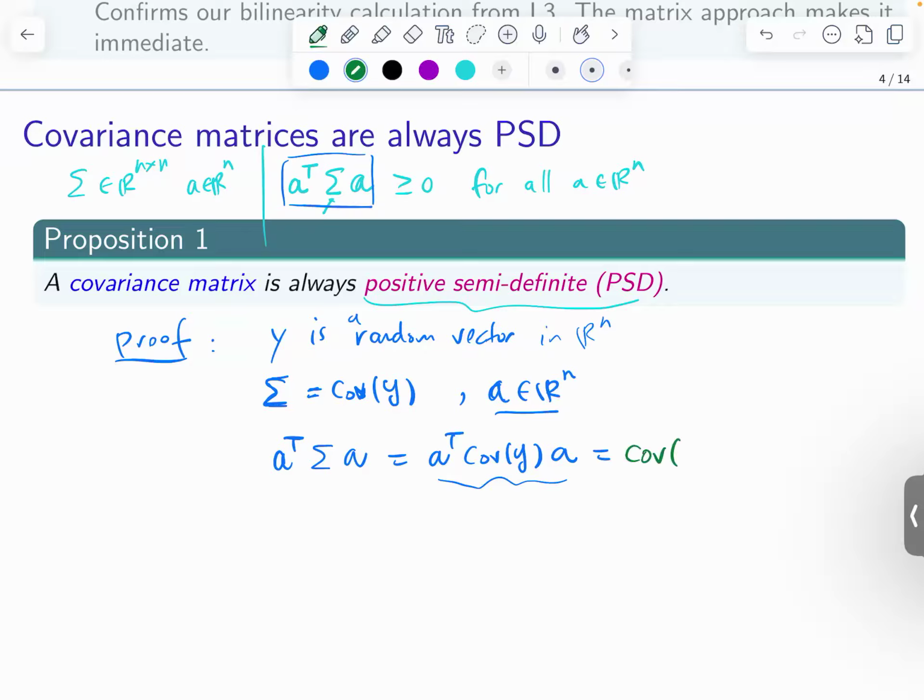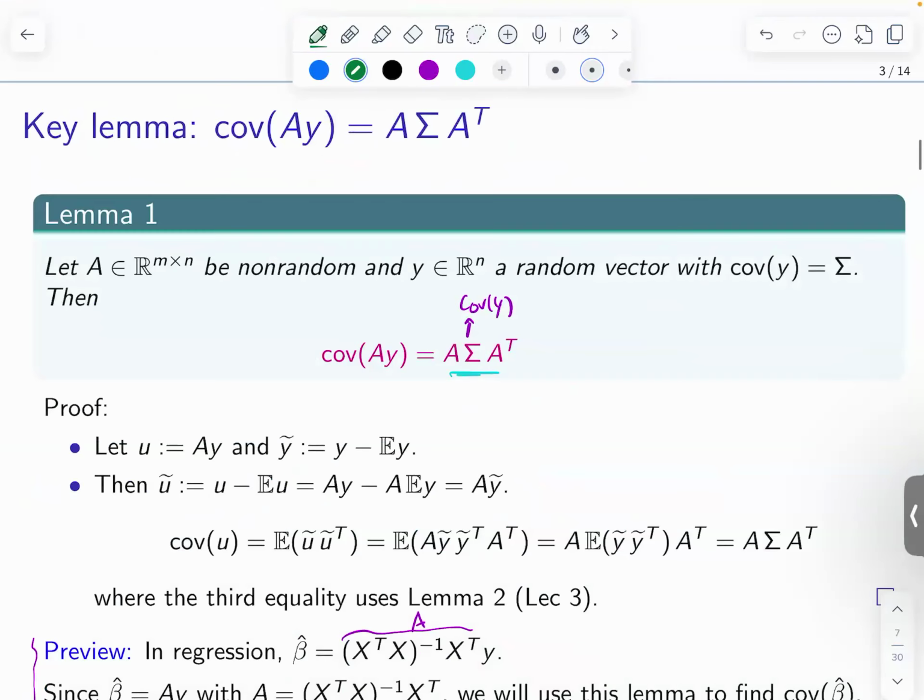Covariance of A transpose Y. Very close. Why is that the covariance of A transpose Y? Because we just apply this result with capital A being A transpose. A transpose is a valid matrix. It happens to be a row vector, but it's also a matrix.